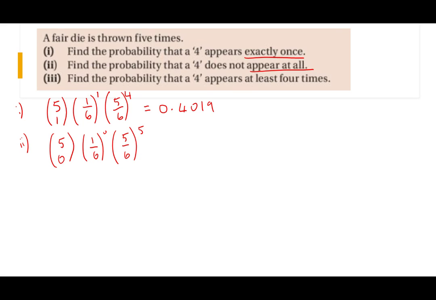Okay, so 5 choose 0 will just be 1. 1/6 comes up 0 times. And 5/6 comes up all 5 times.